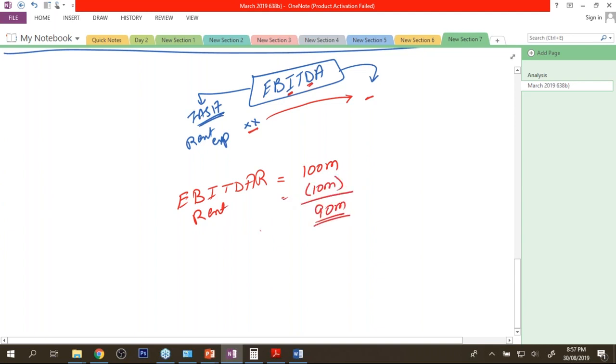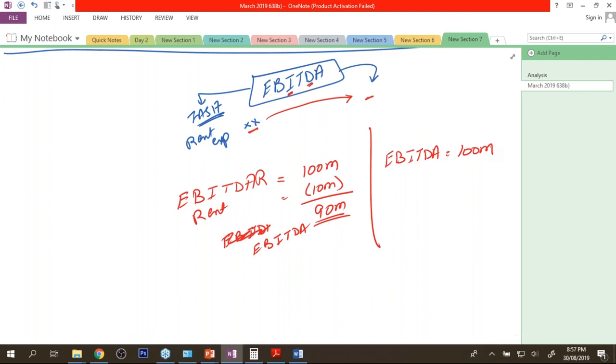So previously our EBITDA used to be 90 million, and now according to IFRS 16 we are not going to deduct the rent. So our EBITDA is going to be 100 million this time. So the EBITDA is going to be increased because of the interest and the depreciation being added back now, which was not previously added.